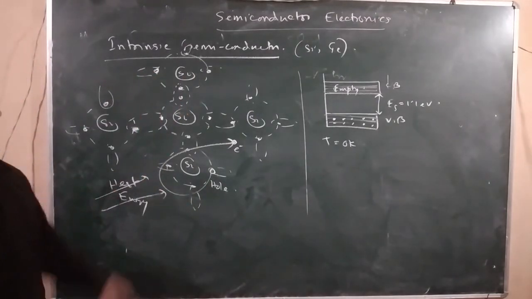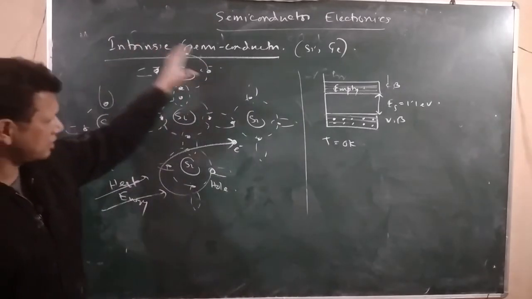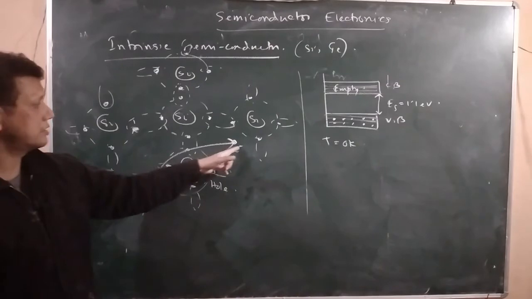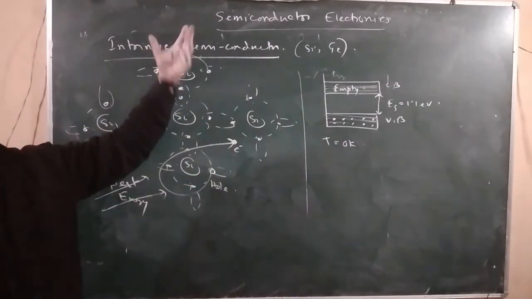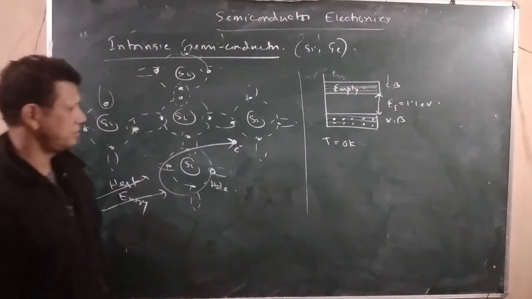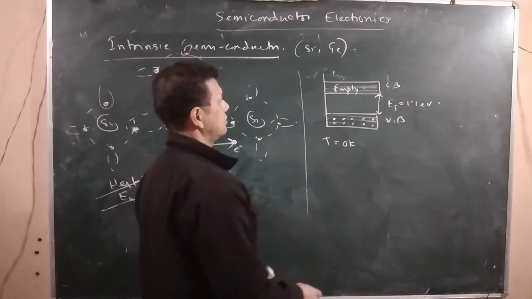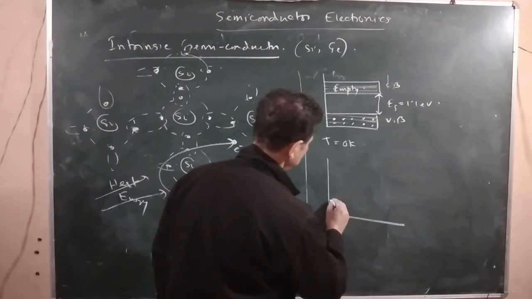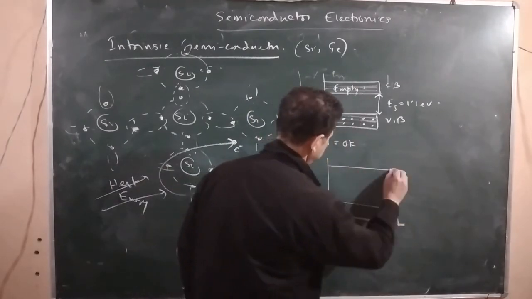Room temperature ত intrinsic semiconductor ত অসংখ্য covalent bond break হৈ যায়, মানে electron hole pair বহুত বেছিকে create হৈ গল. So there are a number of electron hole pairs at room temperature.